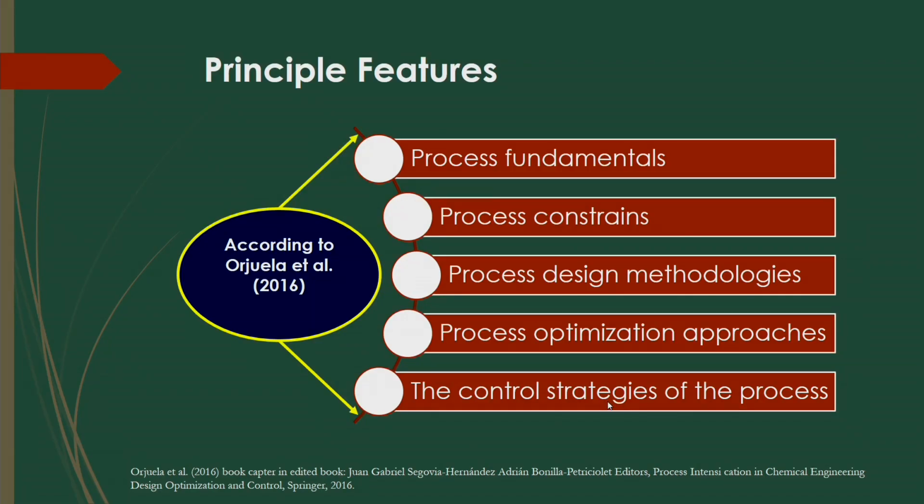And also the controlling strategies have to be known, how those complex methods can be controlled for that particular intensified process. So, these are also important features to design a particular process in an intensified way to get the output. These are the common principal features for all process intensification.